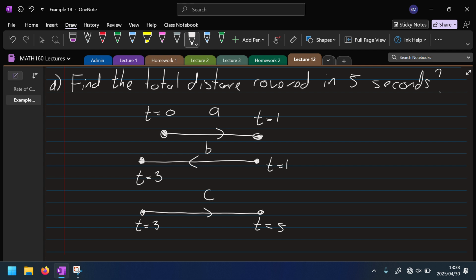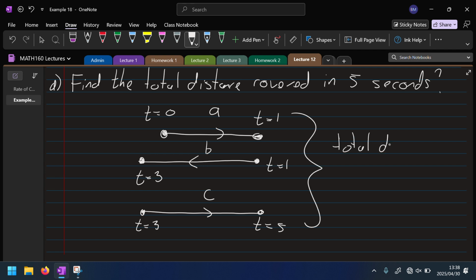Okay, so from t equals 0 to t equals 1, it travels a meters to the right. From t equals 1 to t equals 3, b meters to the left. And then from t equals 3 to t equals 5, c meters to the right again. So if it's going a to the right, b to the left, c back to the right, the total distance is just the sum of them.